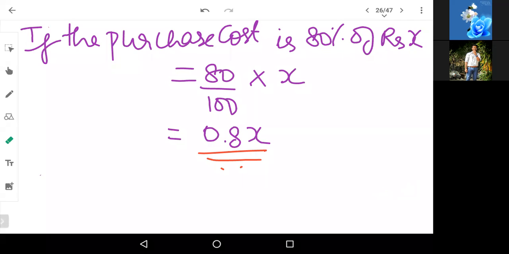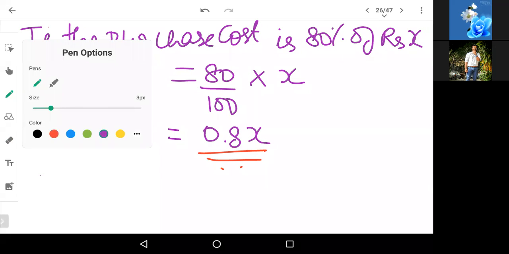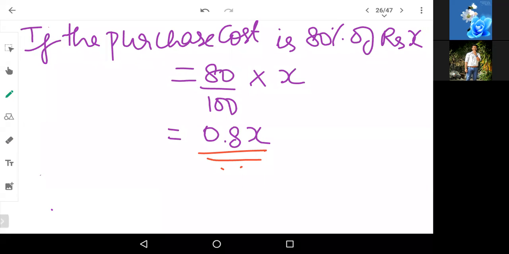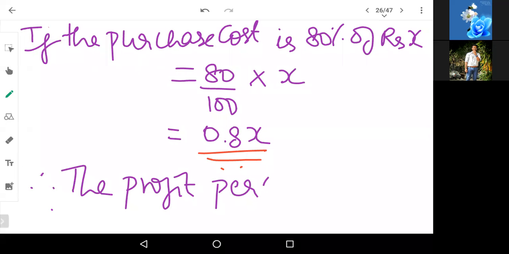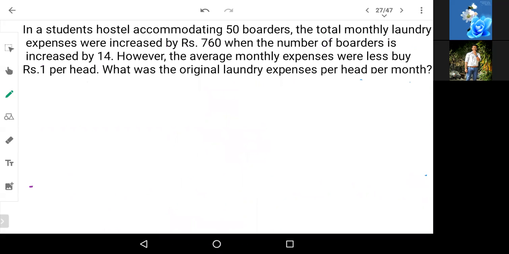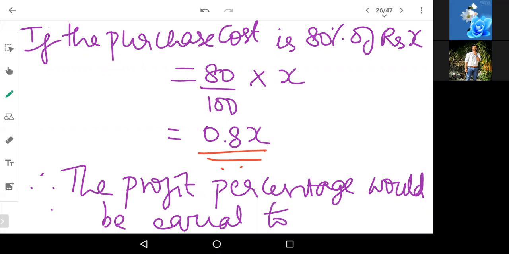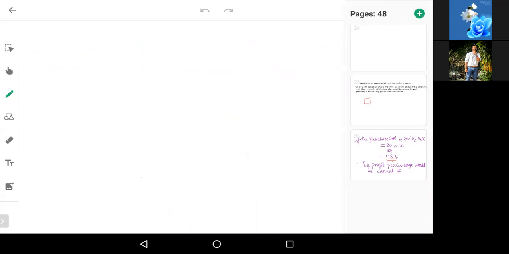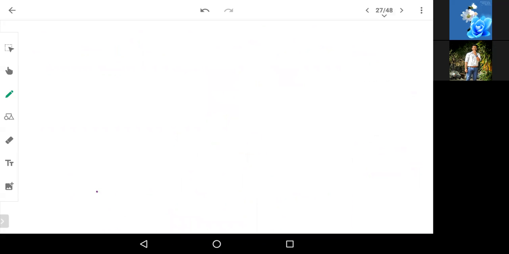So we will have to find the profit percentage. Therefore the profit percentage would be equal to profit.